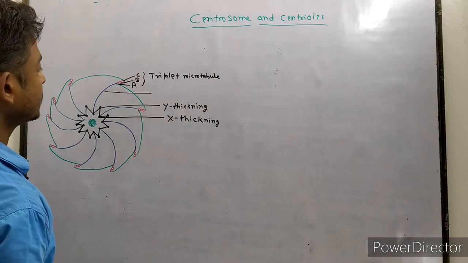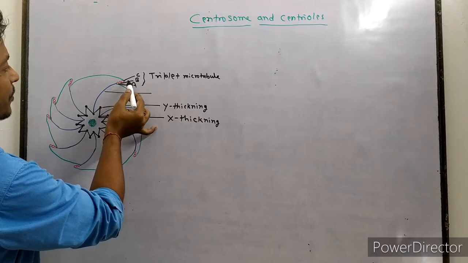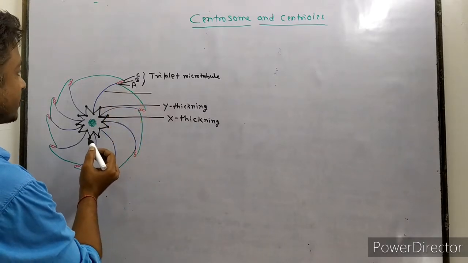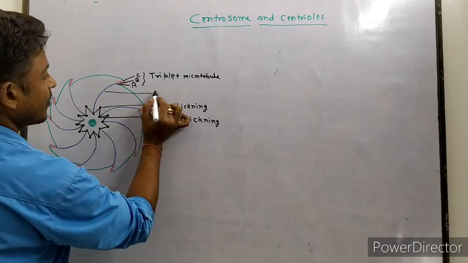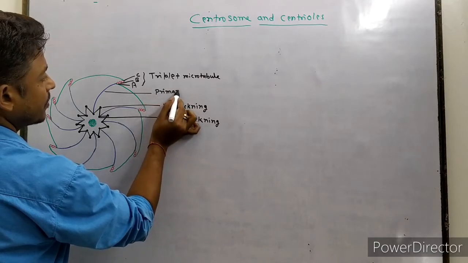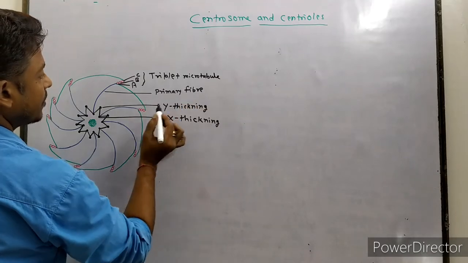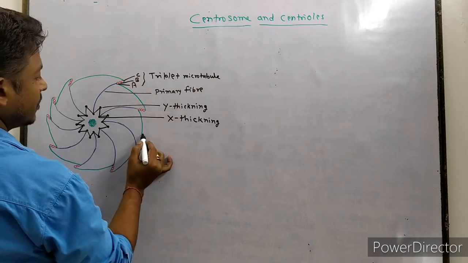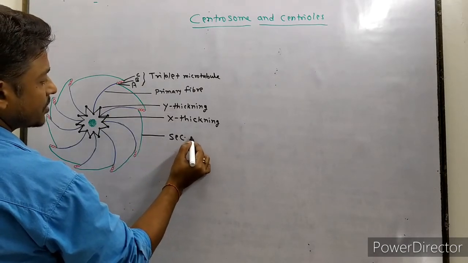Triplet microtubule. This one A, then B and C. Primary fiber, and this one secondary fiber.